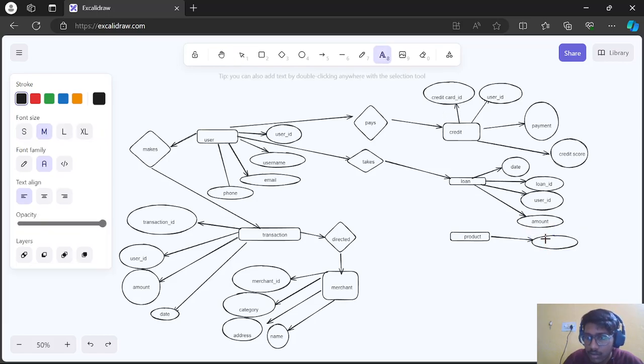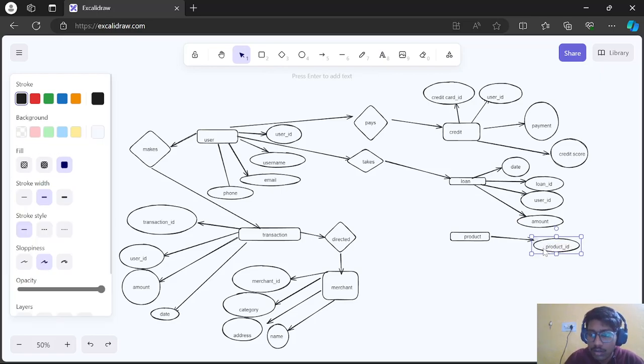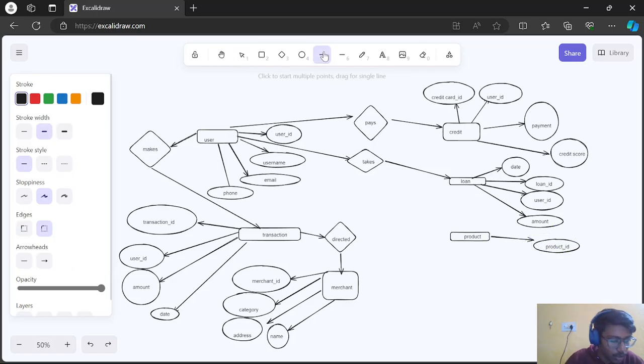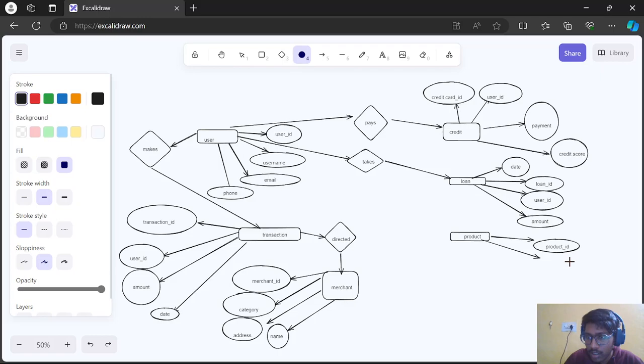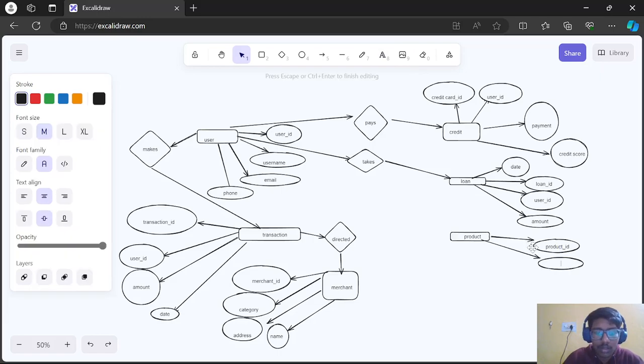Okay, sorry, the product ID. The next one would be the user who's going to take that specific product, the user ID.